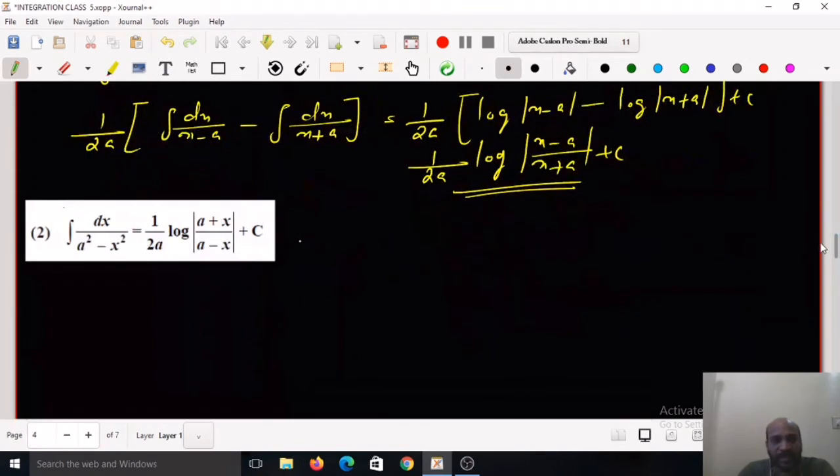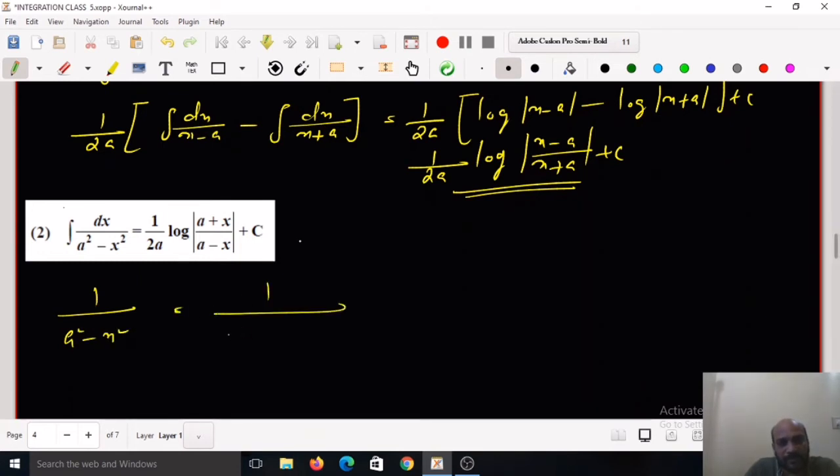Okay. Second one, integration of dx by a square minus x square equal to 1 by 2a log mod a plus x by a minus x plus c. Same method we can apply. So here integrand is 1 by a square minus x square, that is equal to 1 by a minus x into a plus x.